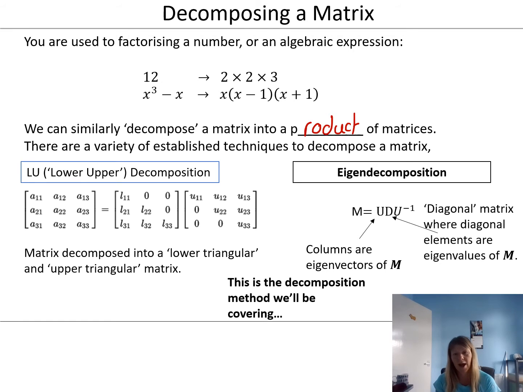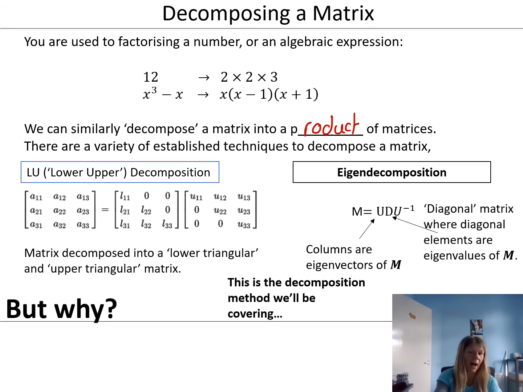Where M is U D U to the minus 1, where U is the column of the eigenvectors of M, and D is the diagonal matrix where the diagonal elements are the eigenvalues of M. And U to the minus 1 will just be the eigenvectors inversed. All right, this is the decomposition method we will be covering today.